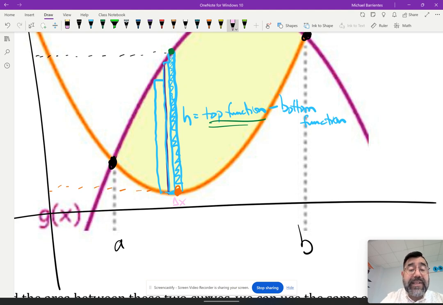But the height is going to depend on which is the top function, because that's going to give me the top y value, and the bottom function is going to be the bottom y value. And if I subtract those, I'm going to get the distance in between them, which is the height. So top minus bottom, whenever we're creating our rectangles vertically, perpendicular to the x-axis, right? They're making 90 degrees with the x-axis. Then that's going to be my setup.